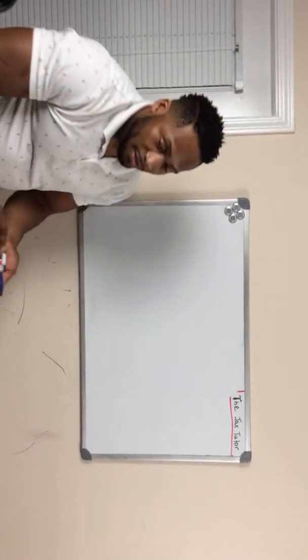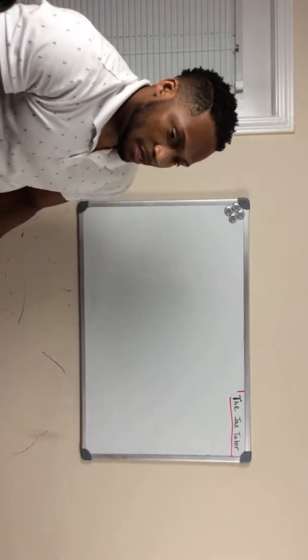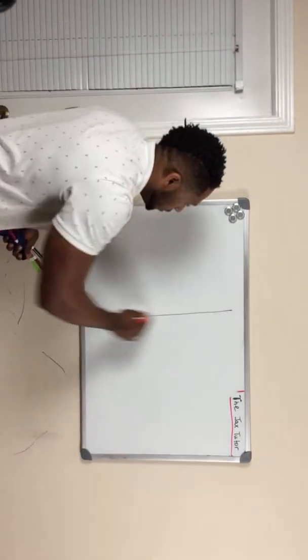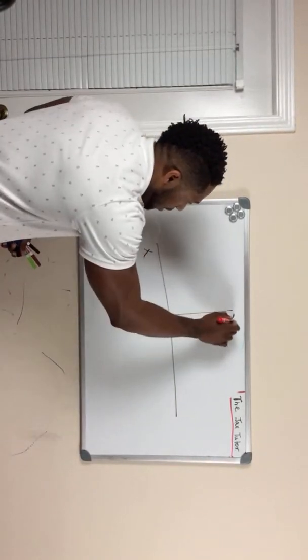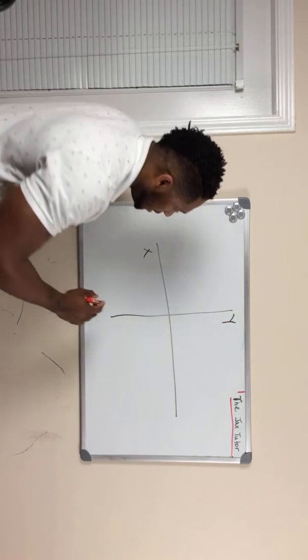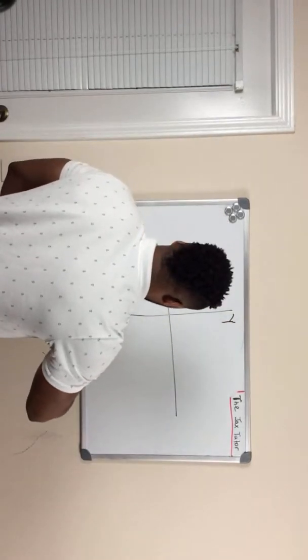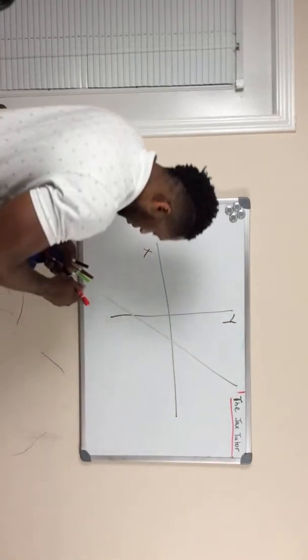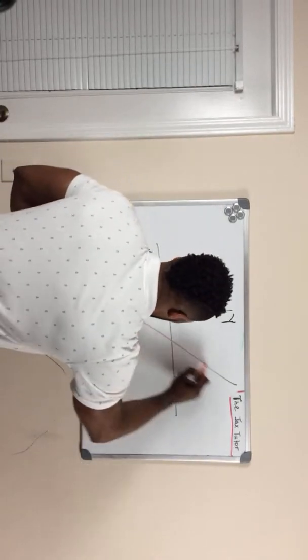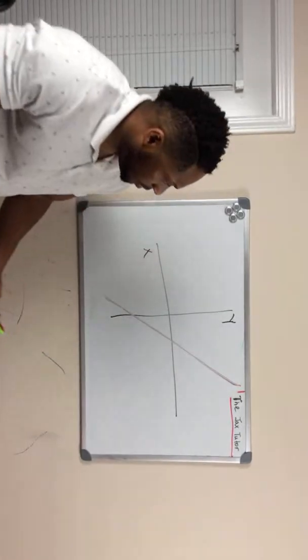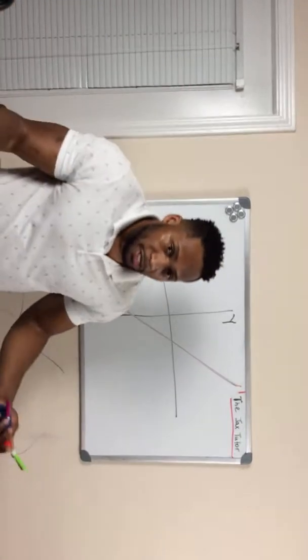So let's say you have a graph, a Cartesian graph. This is the x-axis. This is the y-axis. Let's say we have a line here. Let me draw a line this way. There are many ways that you can find it. Let's say you have two points on the line.